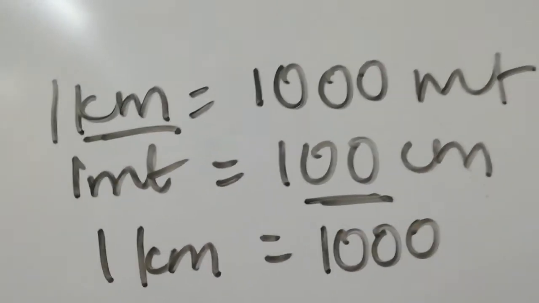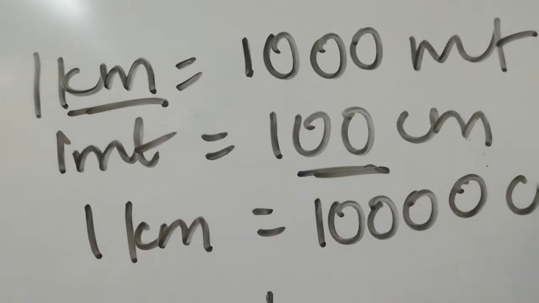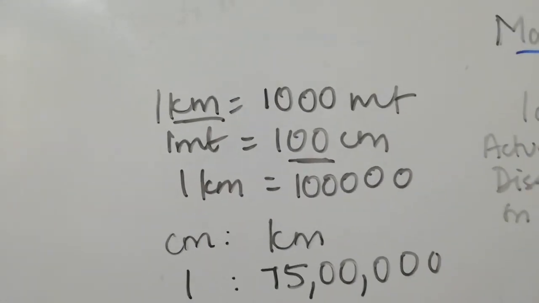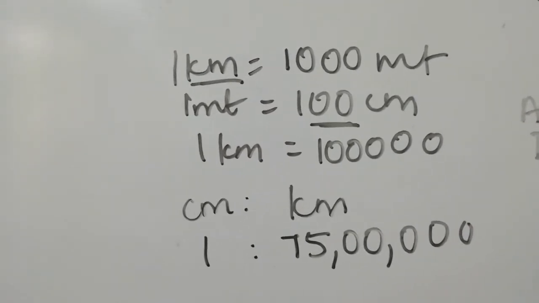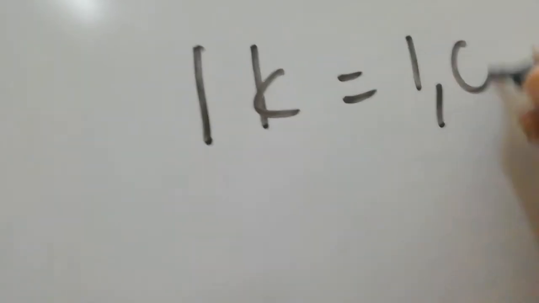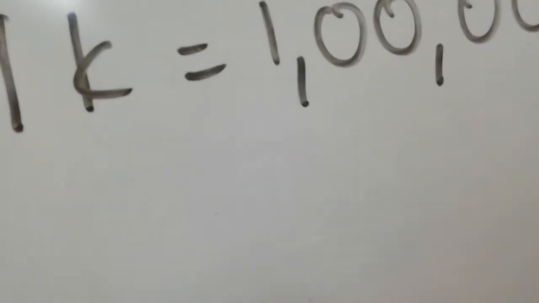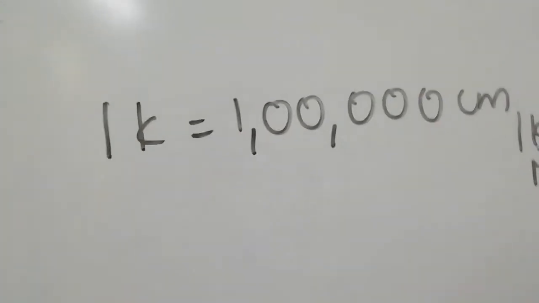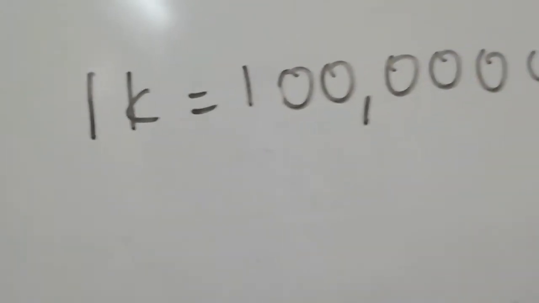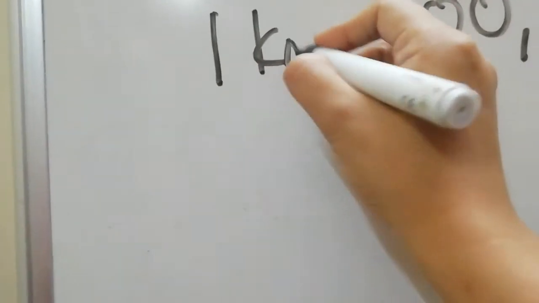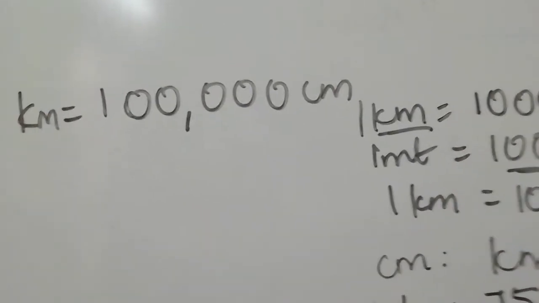For meters we take 1000 and for centimeters we take 100. So it is 1 lakh. So first, 1 kilometer is equal to 1 lakh centimeters, or you can say 100,000 centimeters.